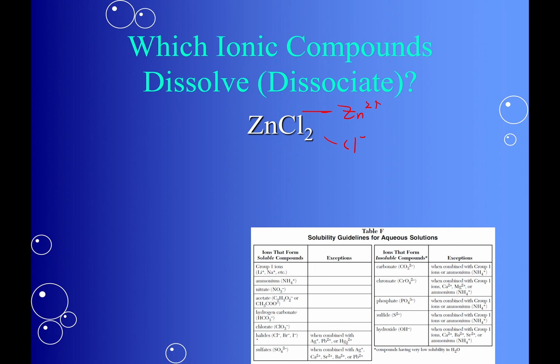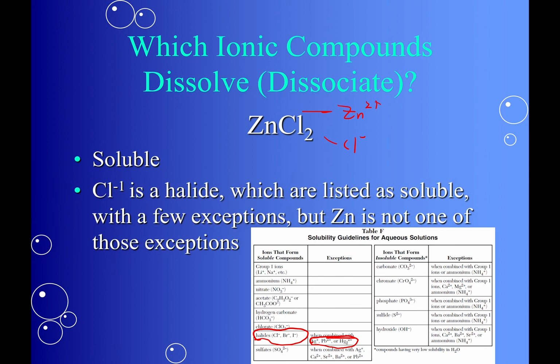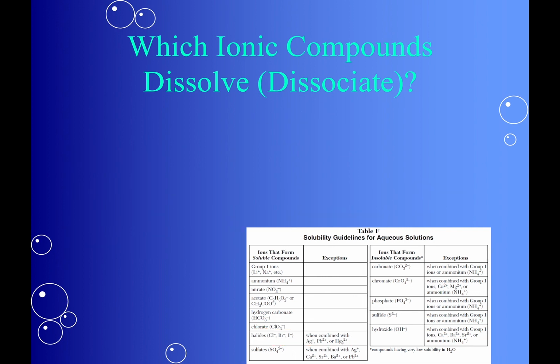We have a halide, chlorine. Now chlorine is always soluble except when it's combined with one of these 3: silver, lead, or mercury. Since zinc is not one of those 3, zinc chloride is soluble. Again, zinc is not one of those 3 exceptions.